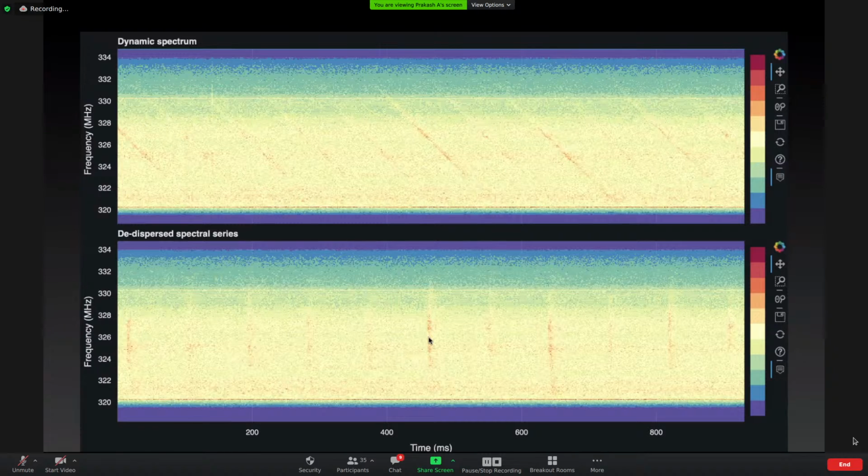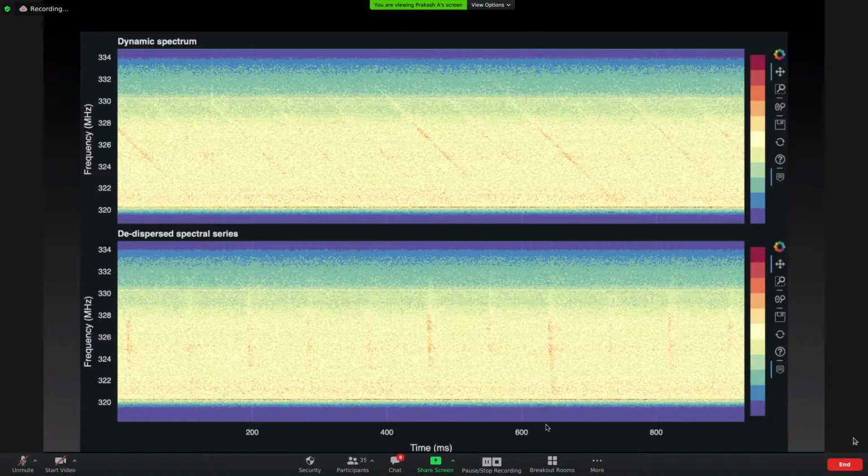I chose a central frequency, in which case the higher frequencies will need to be delayed. Either you take the higher frequency, let's say somewhere above 330, and compensate for all the delays at lower frequencies, or you can take a central frequency, let's say a point over here, and then the higher frequencies will need to be delayed, whereas the lower frequencies need to be advanced, so that they are compensated for this dispersion.